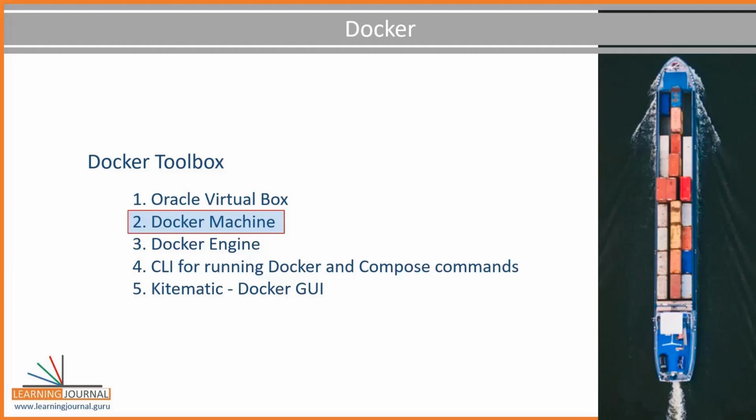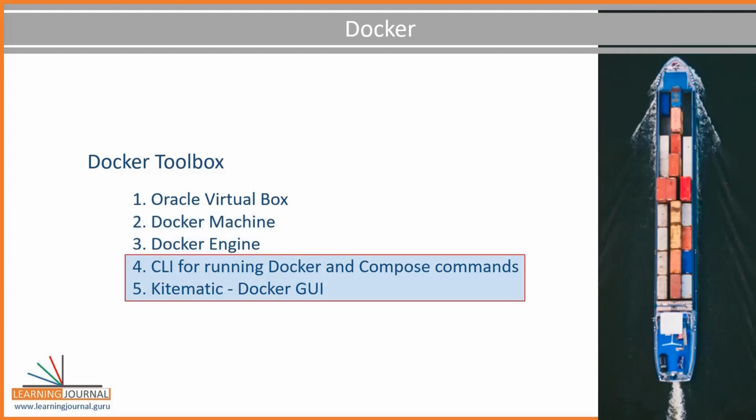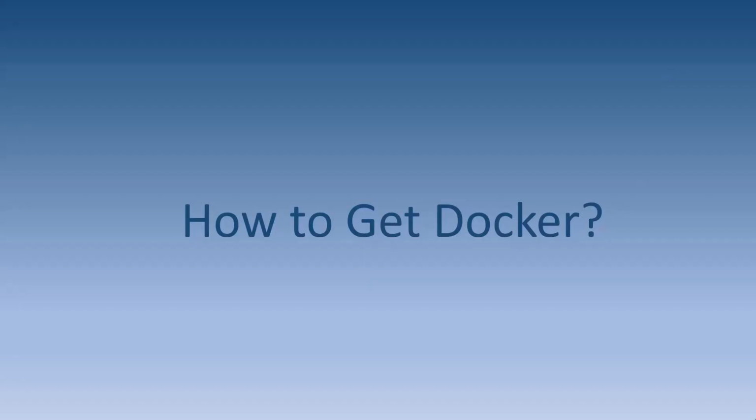So, you will need Docker machine to run Docker Engine in the virtual box. Make sense? The Docker Engine is the main thing. CLI and Kitematic are the user interfaces to interact with the Docker Engine.